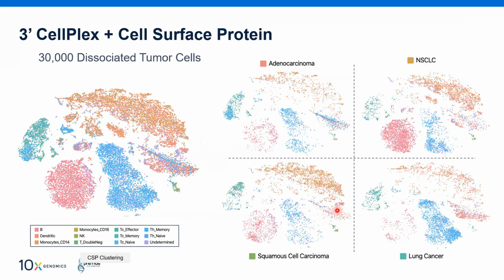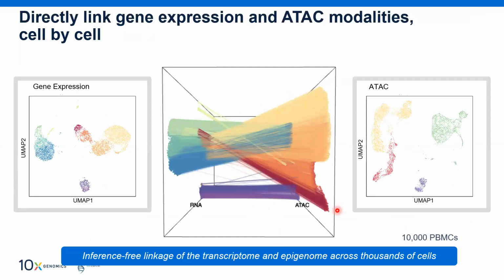Now, as I told, we are able to capture two types of data from the same cell. One is the chromatin, the ATAC data, and the other is the gene expression data. So this window is technically representing the gene expression data.